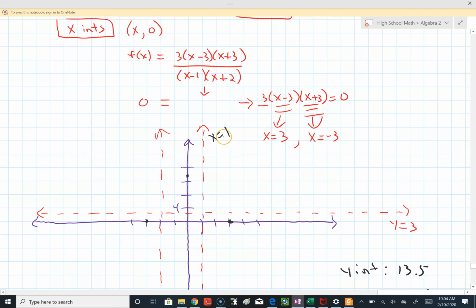Imagine a number very close to 1, like 1.01. What is the sign of this thing going to be if we're very close to 1, but above 1? Positive. Is everybody with me? Okay. What is the sign of this thing going to be if we're imagining putting in 1.01?